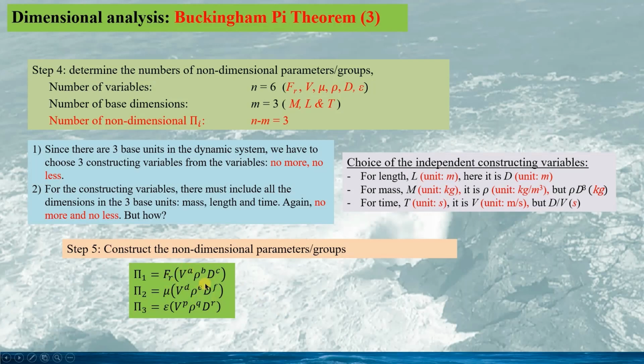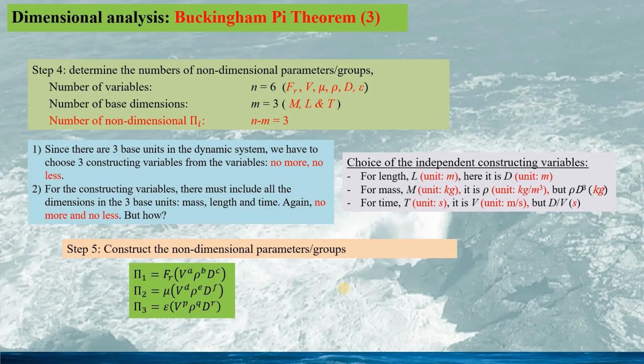And here we can see in the brackets, the velocity, density, and the diameter are chosen as the constructing variables for these non-dimensional pi's. Pi 1 would correspond to the flow friction, pi 2 would correspond to the fluid viscosity, and the last one would correspond to the pipe roughness.